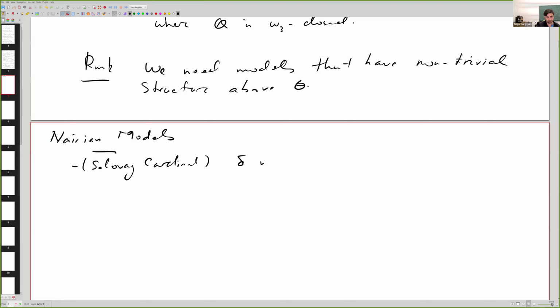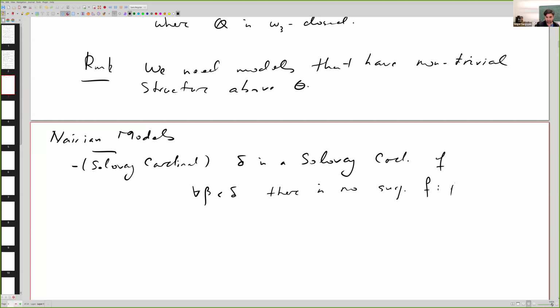Let's say delta is a Solovay cardinal if for every beta less than delta, there is no surjection f from the power set of beta onto delta with f ordinal definable.